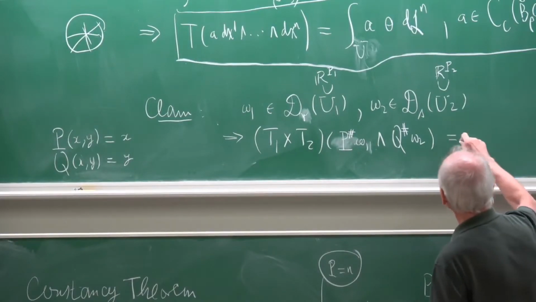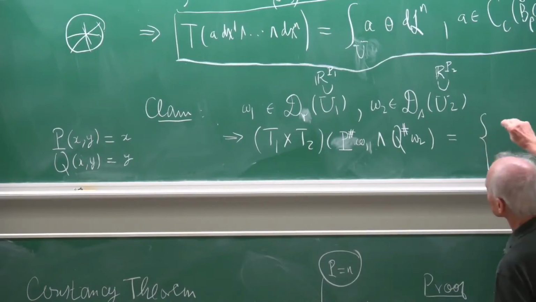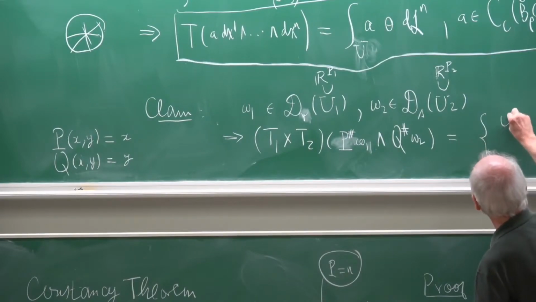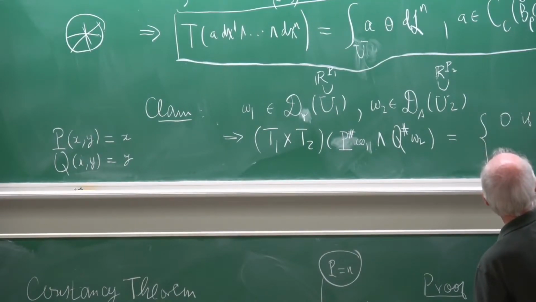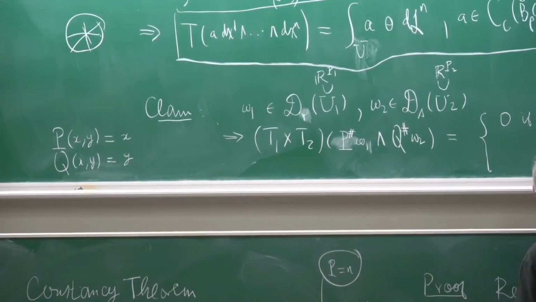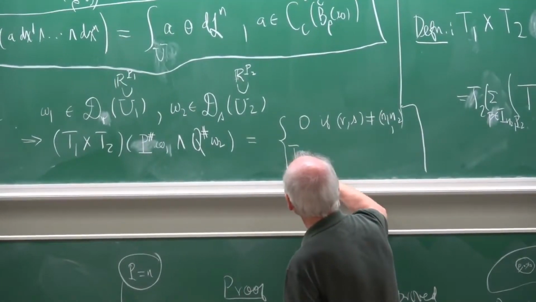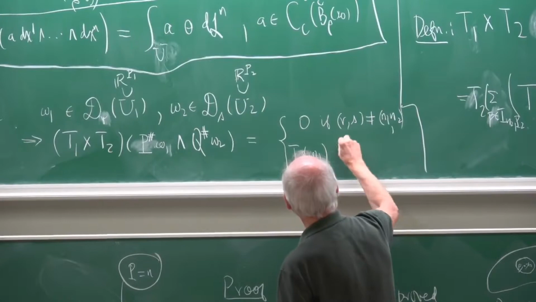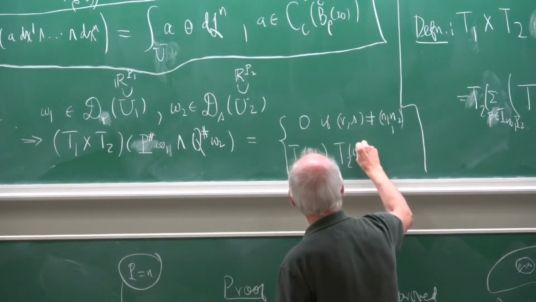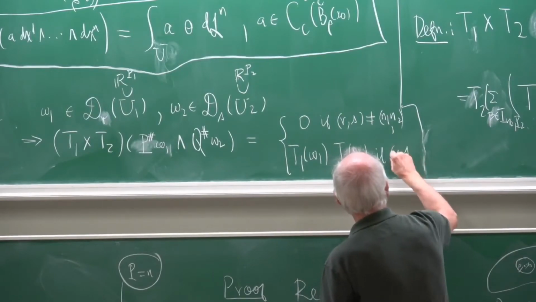Okay, so I claim that using this definition is equivalent to saying that this is equal to 0 if (r, s) is not equal to (n1, n2), and it's equal to T1 omega 1 times T2 omega 2 if (r, s) equals (n1, n2).